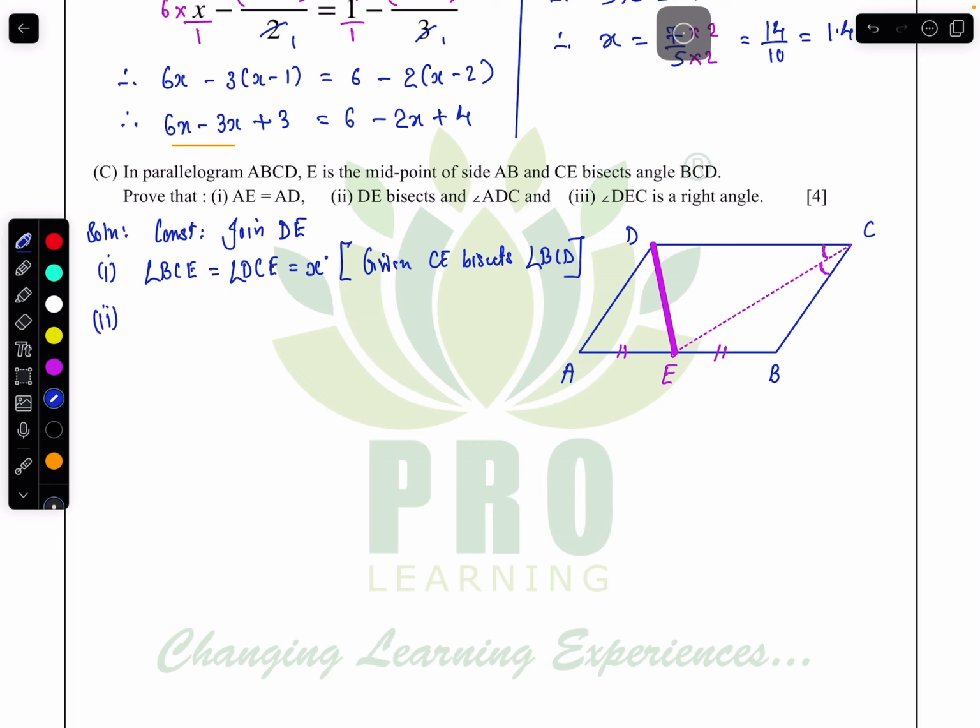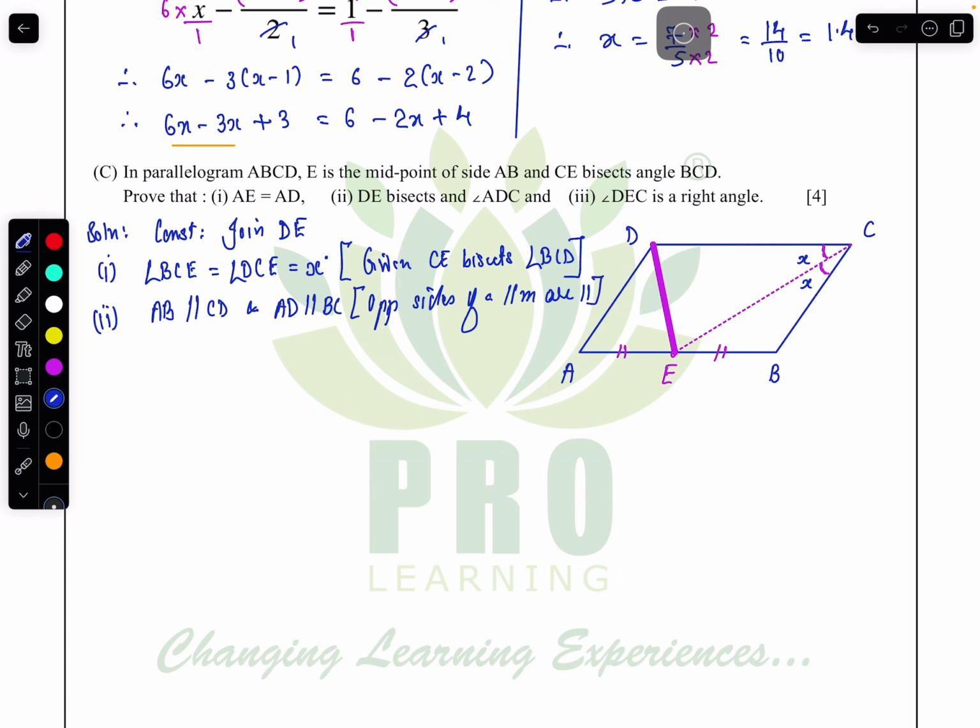The next piece here is, since we have called them X, we are noting them down here, X and here X. Since we know it is a parallelogram, opposite sides are parallel. So the second statement is AB is parallel to CD, and we may also write AD is parallel to BC, and in one go we'll write the reason here: opposite sides of a parallelogram are parallel.